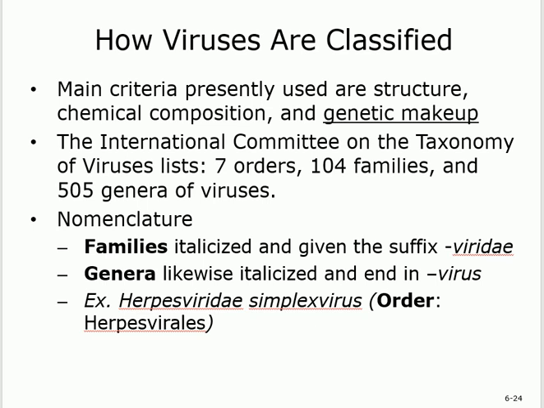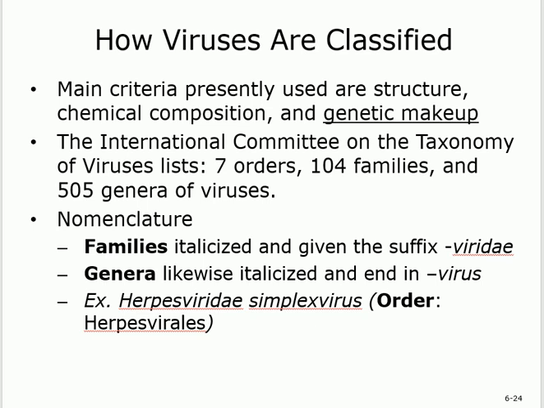You start with orders. If you talk about the virus, you start with orders, going into families, and then the genera, and then you go to the species. So orders, we have 7 orders, and then we have families. When you talk about families, you call it the viridae. Okay, viridae.